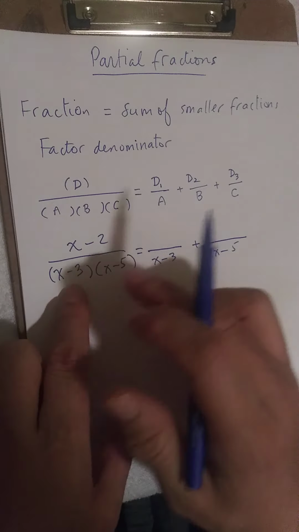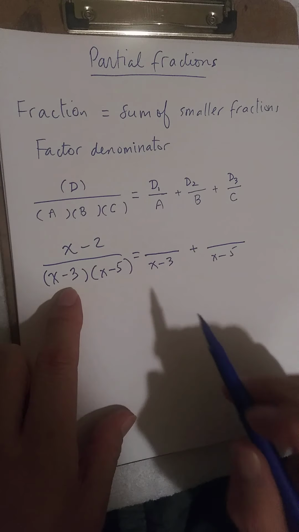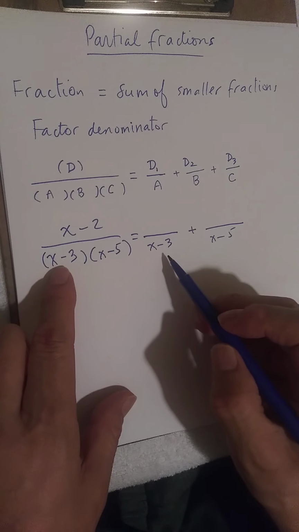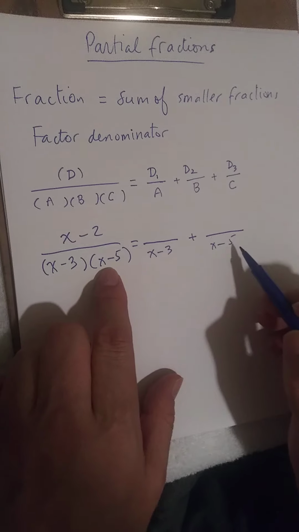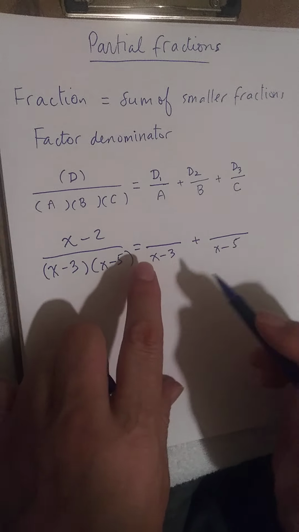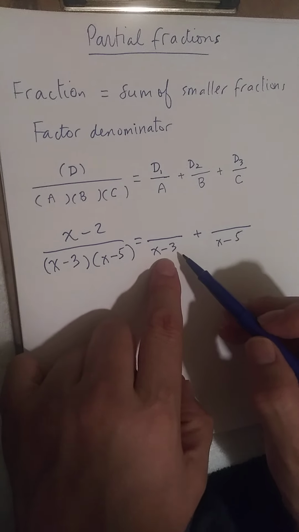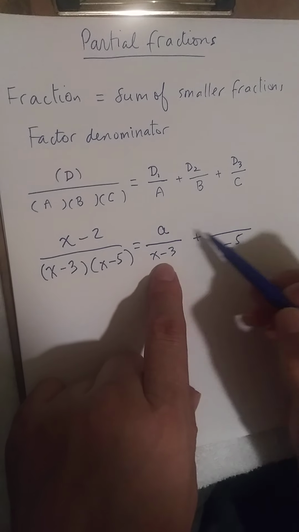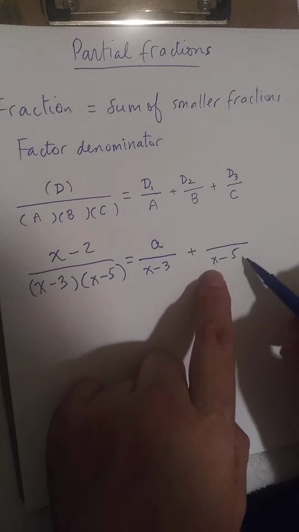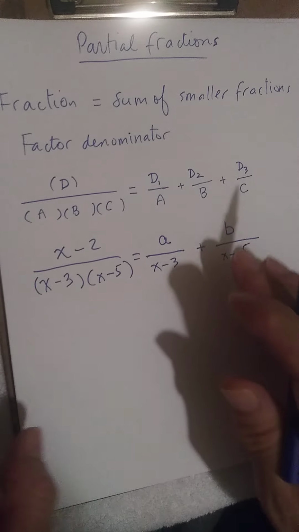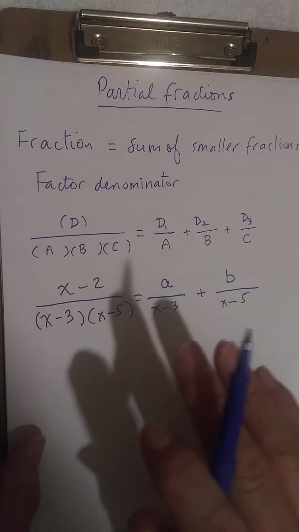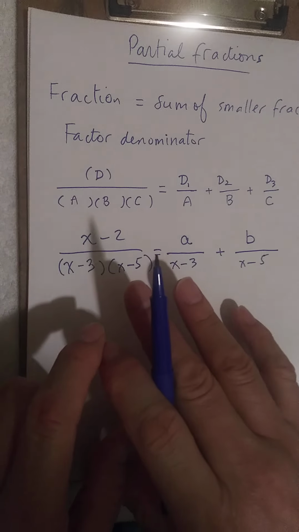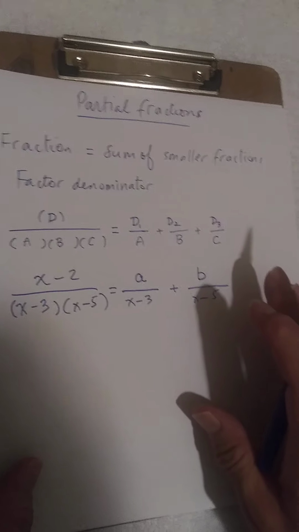So we broke this fraction as a sum of two fractions, one with the denominator x minus 3 and one with the denominator x minus 5. If the denominator is linear, then the numerator will be a number like A. So here it will be A. The denominator is linear, so the number here will be B. And then we need to find A and B. We'll do some examples that cover all the details in a little bit.